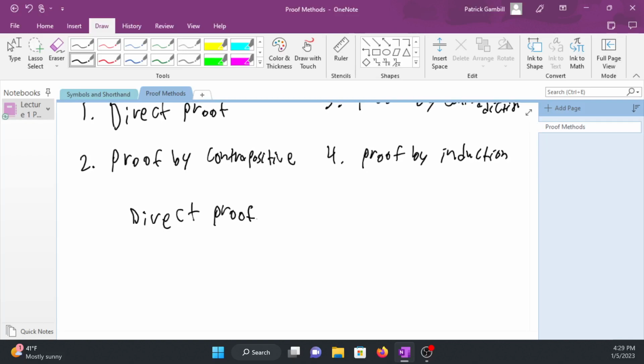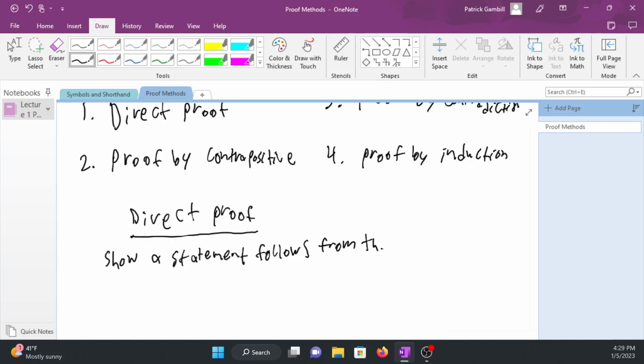So for direct proof, what you're going to do is show a statement follows from the given assumptions by a chain of implications.